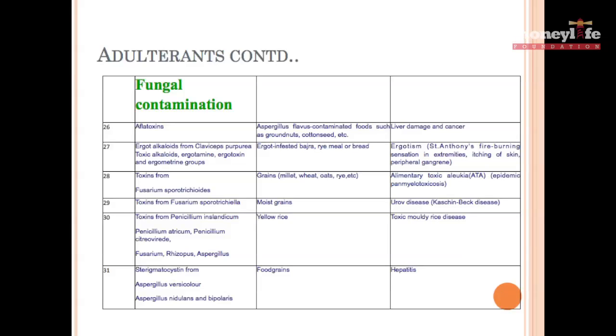This is where aflatoxin enters our system via milk. This is one of those things never pointed out by anybody; in fact FDA doesn't have the facility to test aflatoxin in milk. It's a 20 lakh machine you require to test it.